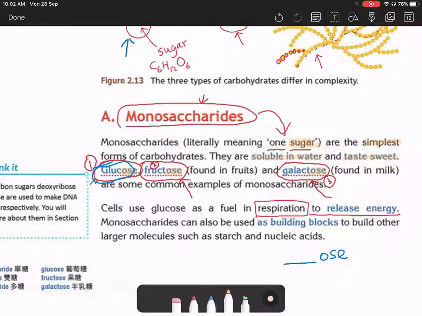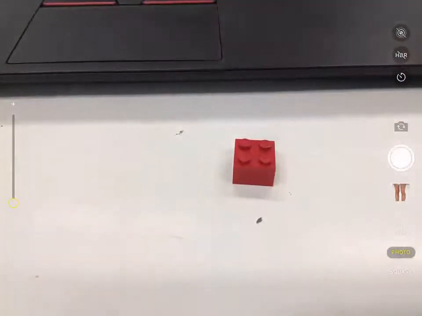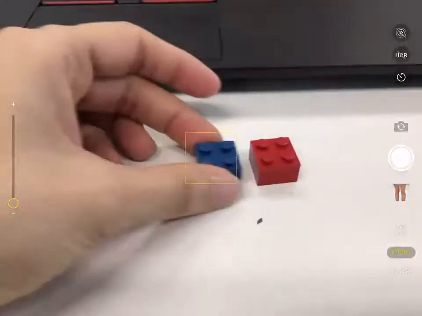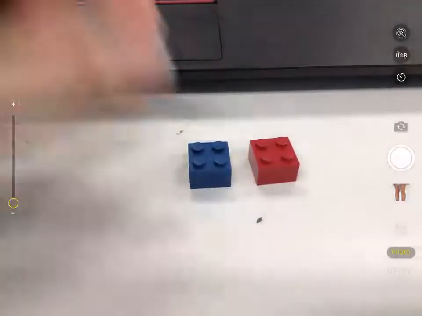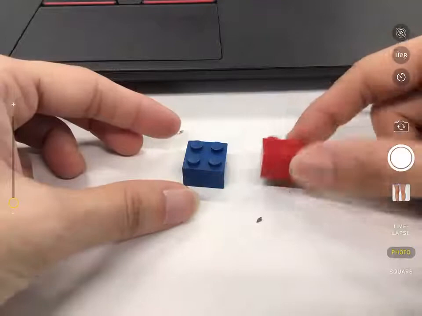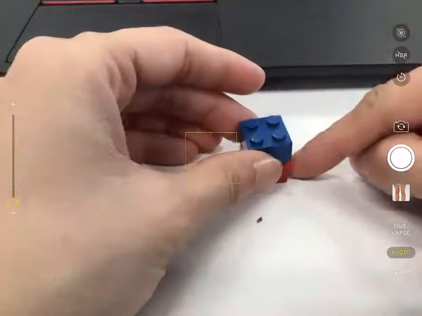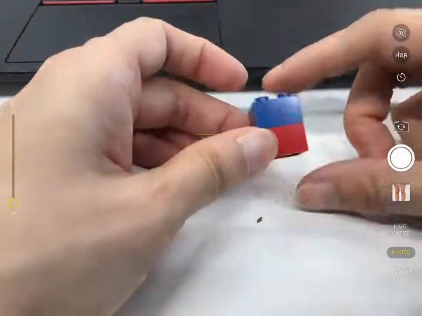it is a building block. What is a building block? That means you build something large from some smaller unit. Okay, I'll show you this one. I guess most of you have built Legos. We have different smaller size Legos, and these are building blocks. If I say this one is a monosaccharide, then this one is a disaccharide.